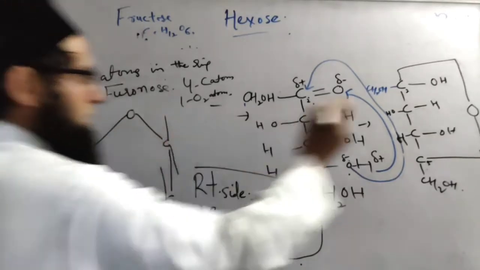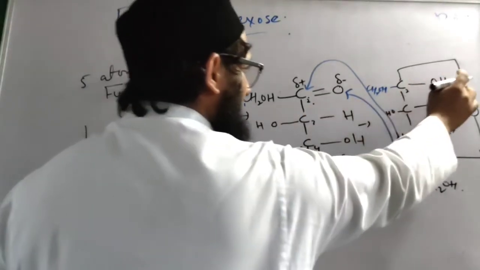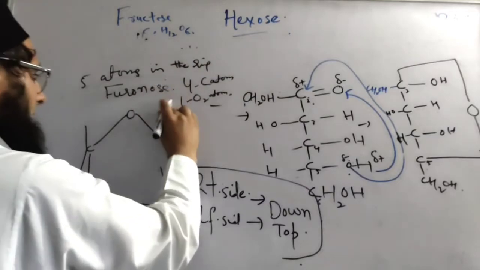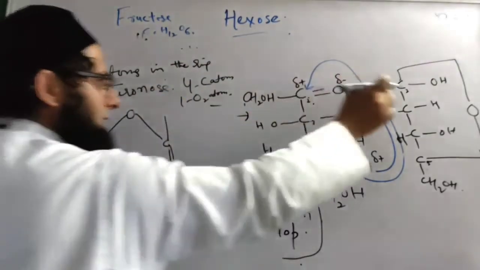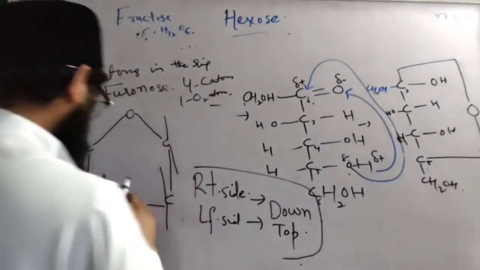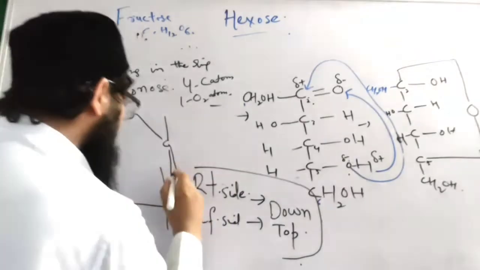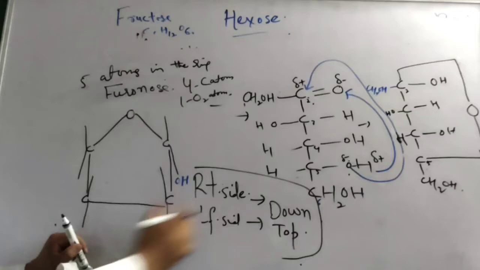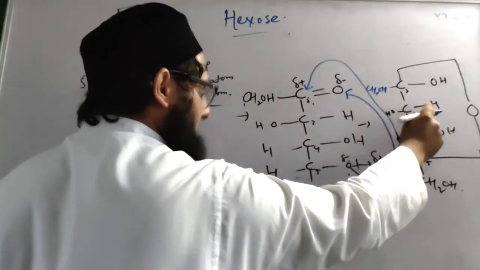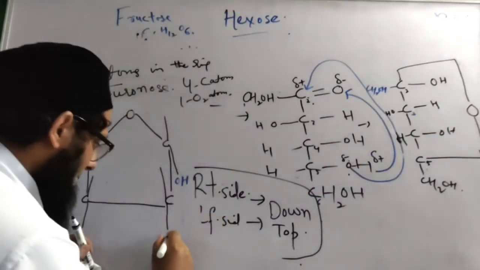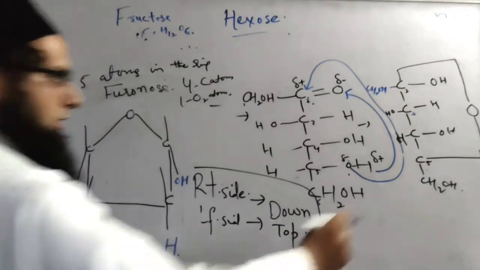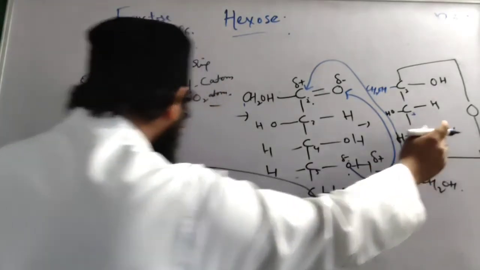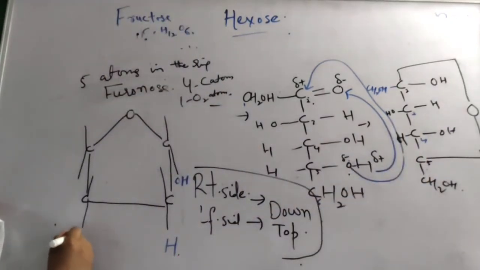This is carbon number 2. What we have on the right side is OH. Let's write OH downwards, because right side down. Clear? At carbon number 3, we have H on the right side, so we will write H here. At carbon number 4, we have OH on the right side, so we will write OH here.